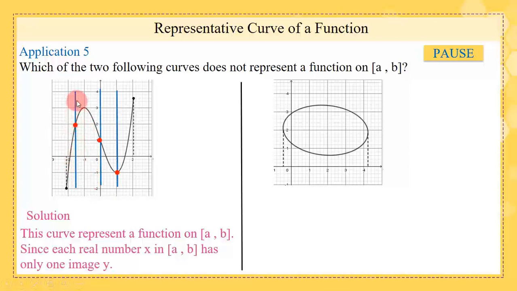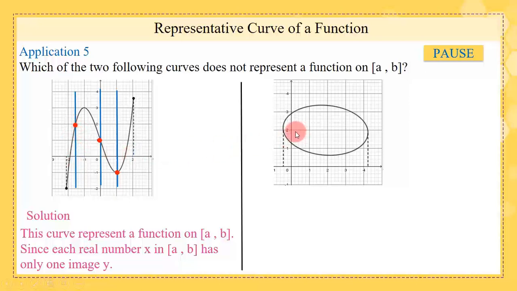This means that we draw several vertical straight lines. You see that every vertical straight line cuts the curve at one point. So every x belongs to AB has one and only one image y.